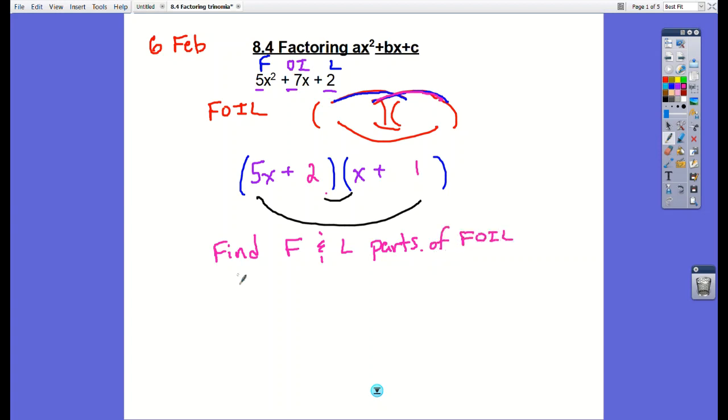And then once we have that, we probably are going to have to guess the placement of the L. You might have to do this part, or you might just know it. So our example was 2 and 1, or it was also a 1 and 2. We had to pick which one of those it was going to be. And then lastly, to make sure we're right, we need to check the O and I parts in FOIL.